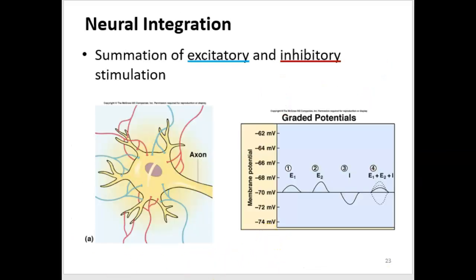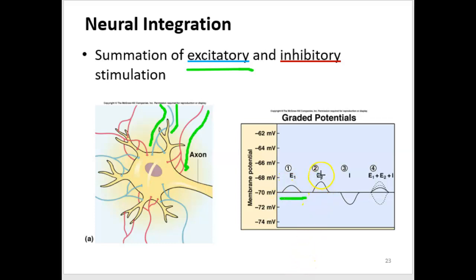So this is a picture that gives you an idea of how multiple stimuli can change the resting membrane potential. In this particular picture, all of the blue axon terminals are conducting excitatory stimuli, and the red ones are all giving an inhibitory stimulus. I haven't actually counted them out, but let's say that your first excitatory stimulus would change the resting membrane potential just a little bit, up to 69.